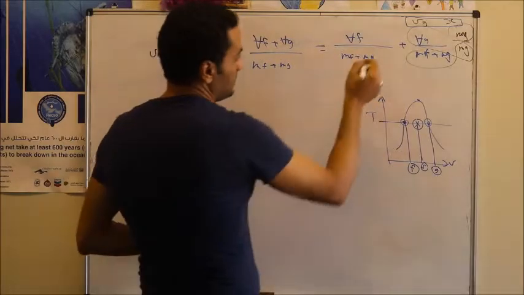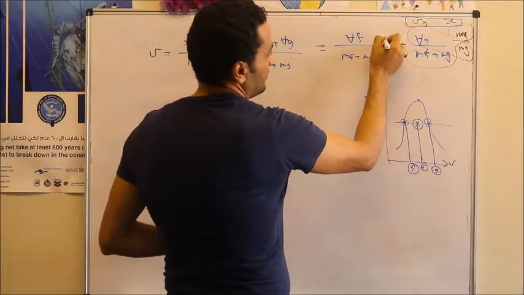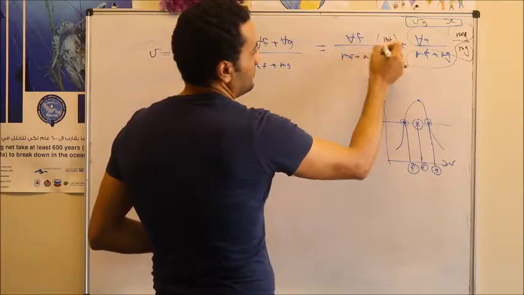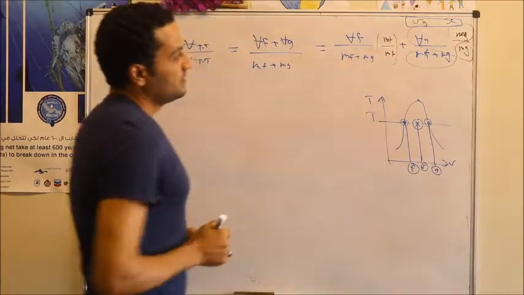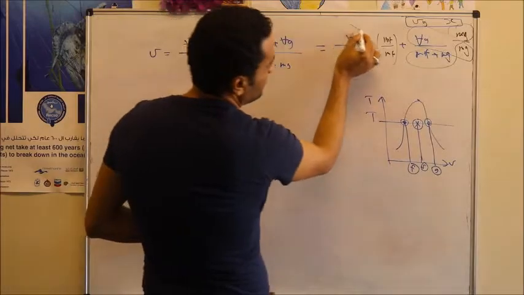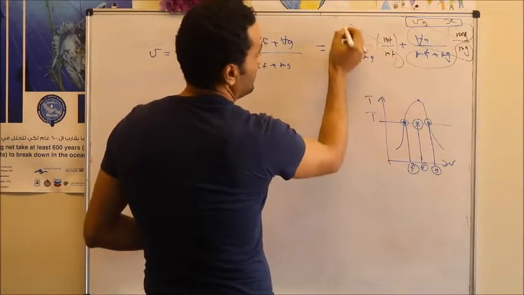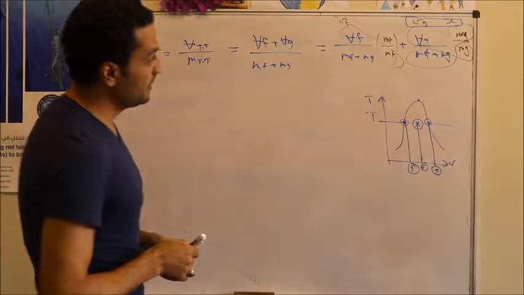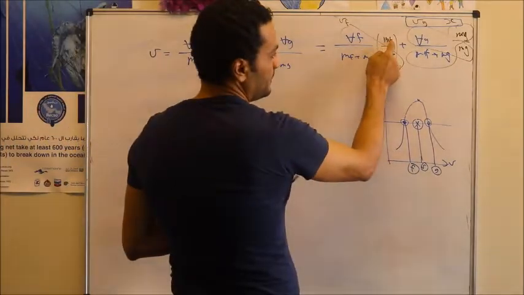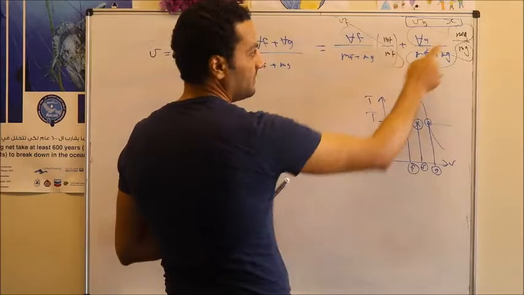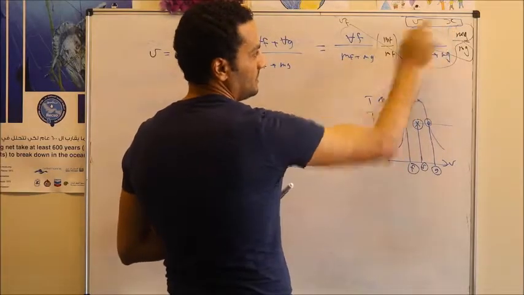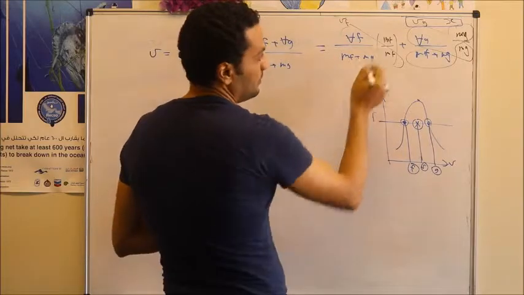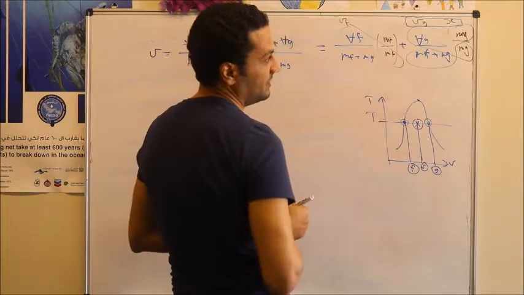Same here, if we multiply by mass of fluid and divide also by mass of fluid, we have V fluid, the volume of the fluid divided by the mass of the fluid, which represents the specific volume V fluid. And we have mass of fluid divided by the total mass. We know mass of gas divided by the total mass is X. Mass of fluid is equal to the total mass minus mass of gas.